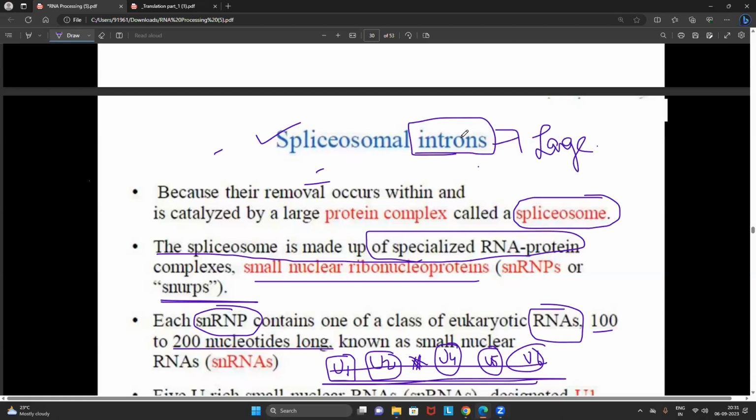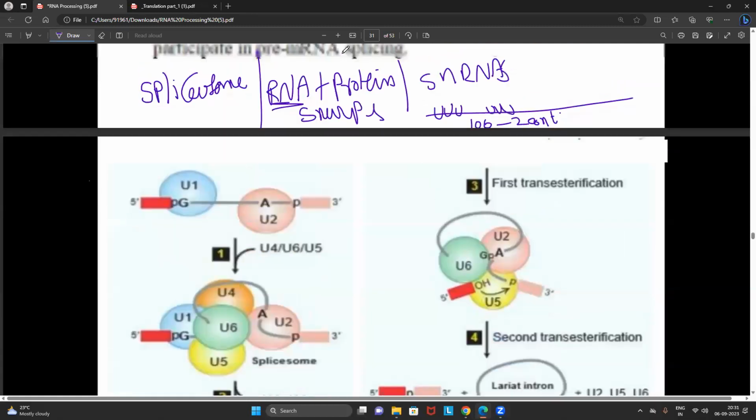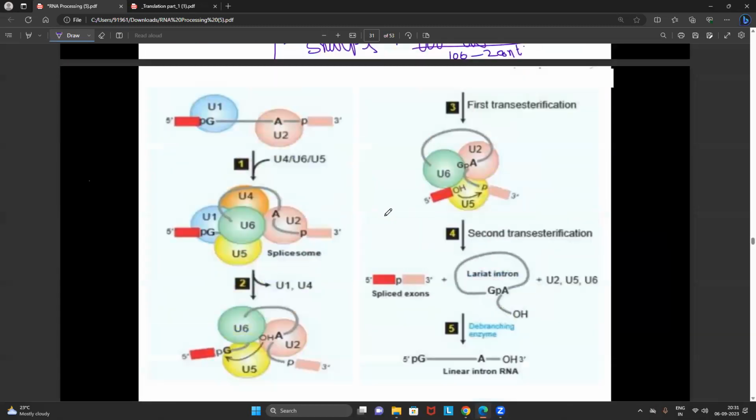So the intron can't be removed on its own. They are not self-splicing introns. They are very large introns. That's why we use the mechanism called the spliceosomal intron mechanism. Friends, please don't get confused with that point.